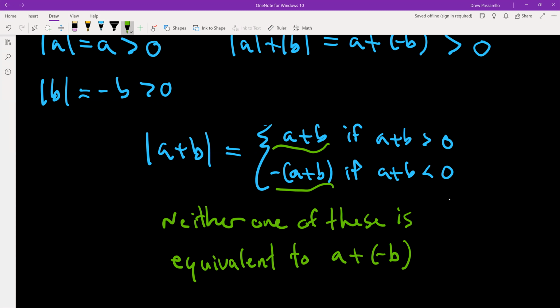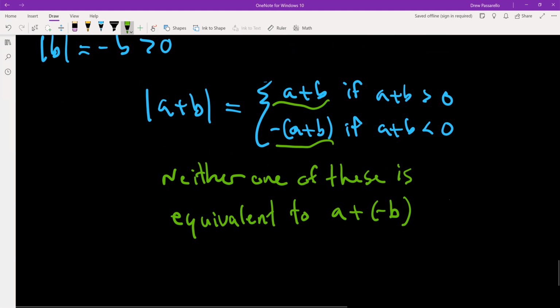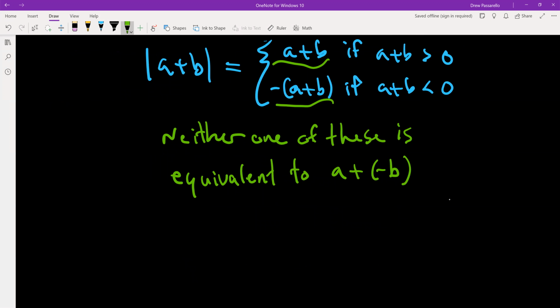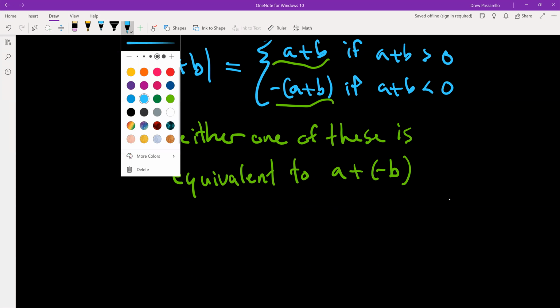Okay, and specifically even a plus b is not equal to a plus negative b. So therefore, we have a contradiction.